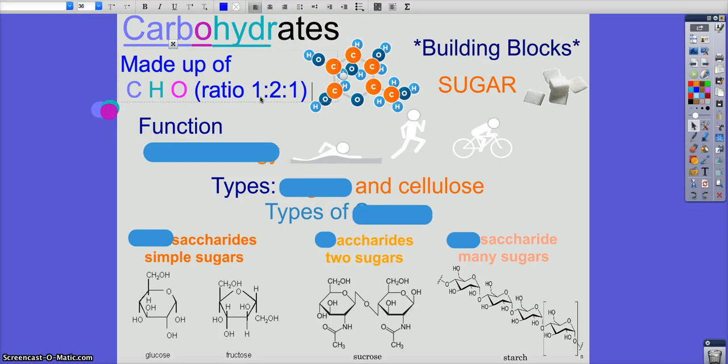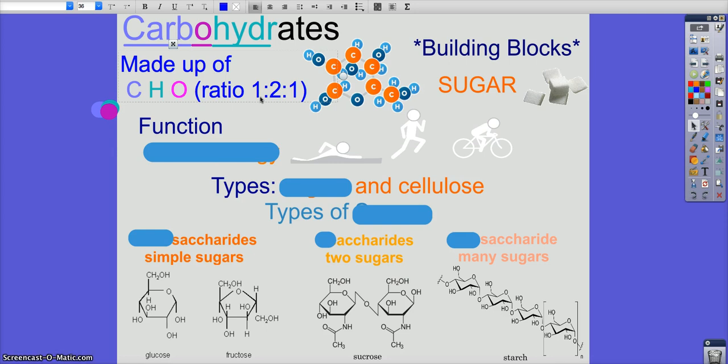That means for every 2 carbons, there's going to be how many hydrogens? 1 to 2 to 1. For every 2 carbons, 4 hydrogens, and 2 oxygens.